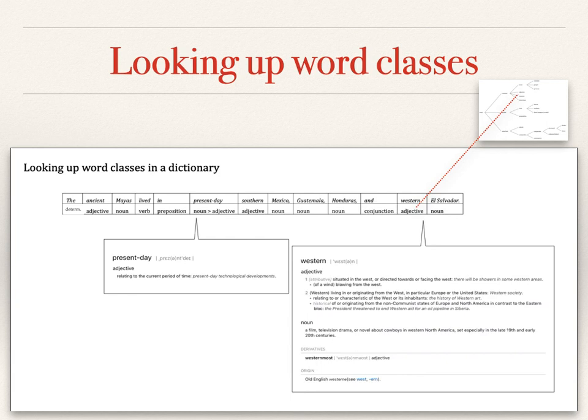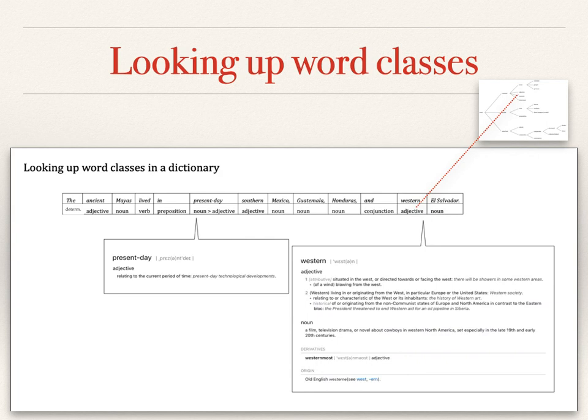Now in the exercise, you'll be asked to do this in task 1 for a few more clauses, and then in task 2, building on what you've looked up in the dictionary or determined without looking up in the dictionary, you'll be asked to think about classes of groups. So for example, the ancient Mayas has a noun, an adjective, and a determiner. These are all nominal words and they form a nominal group.